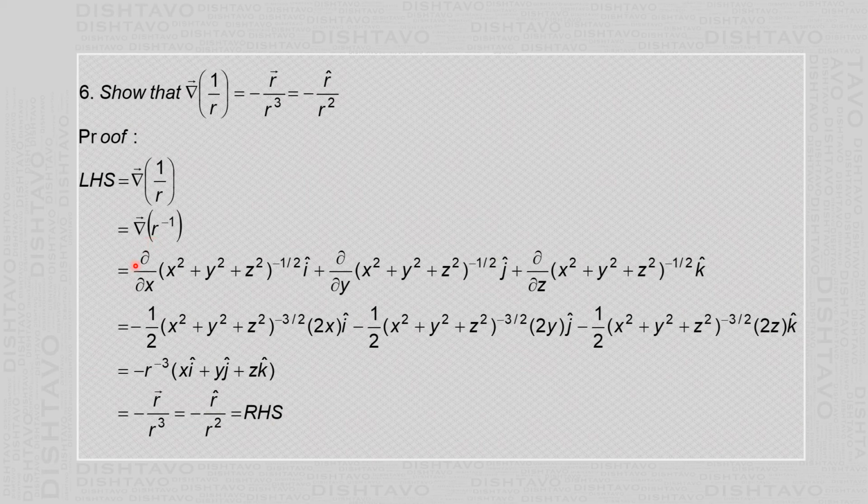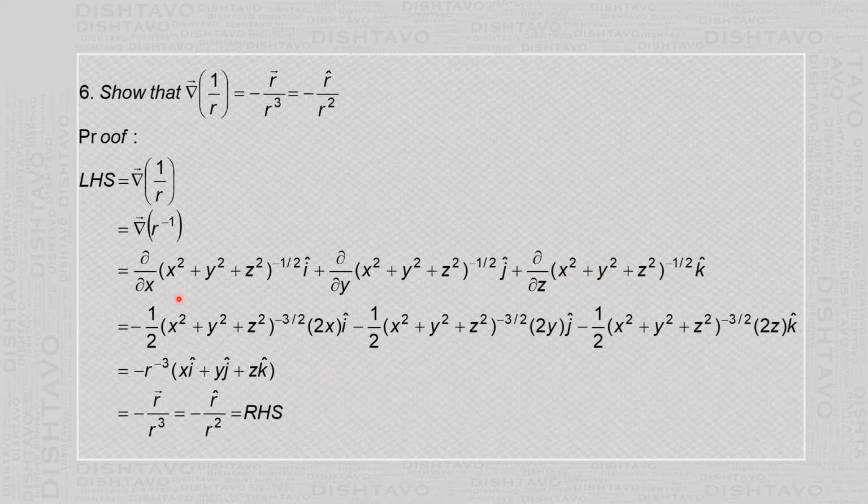which is dou by dou x of r raised to minus 1, which is x square plus y square plus z square raised to minus half into i cap, plus dou by dou y of x square plus y square plus z square raised to minus half j cap, plus dou by dou z of x square plus y square plus z square raised to minus half k cap.